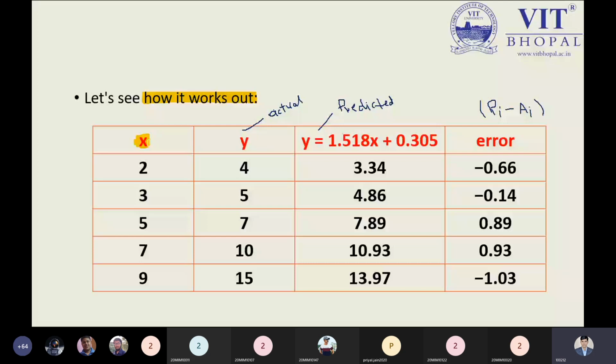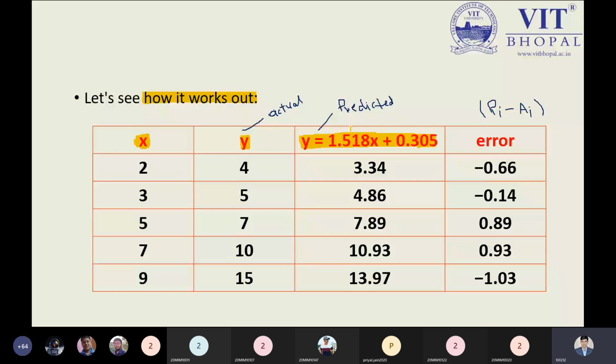With the help of y equal to 1.518x plus 0.305, my dear students, we are calculating the predicted values. So this is known as the predicted values from our equation or model, and this is the actual values.